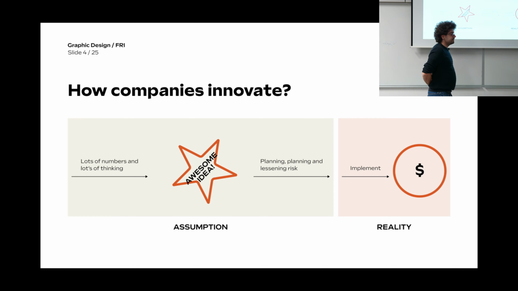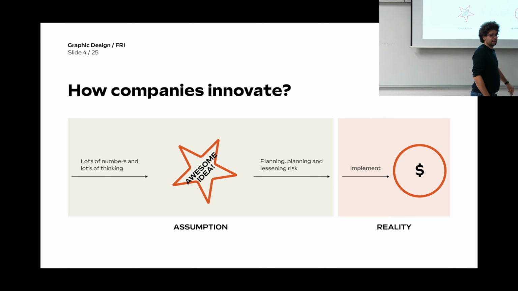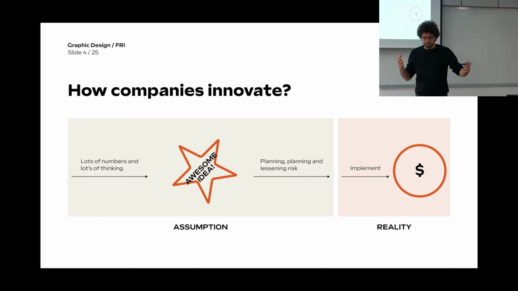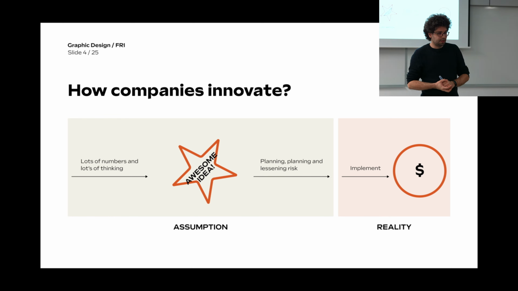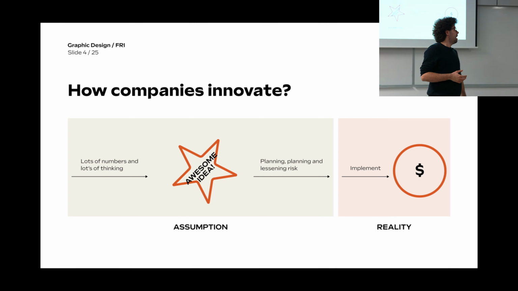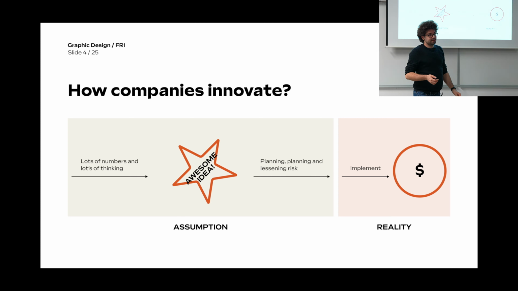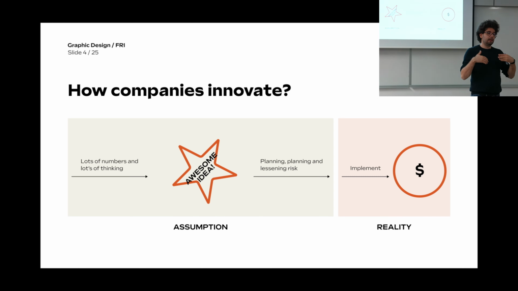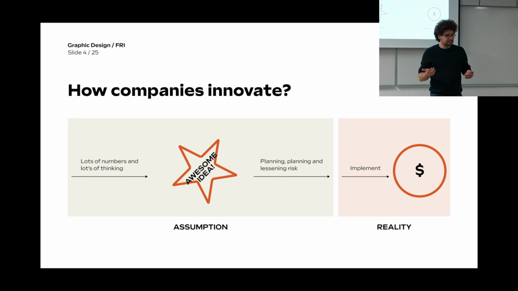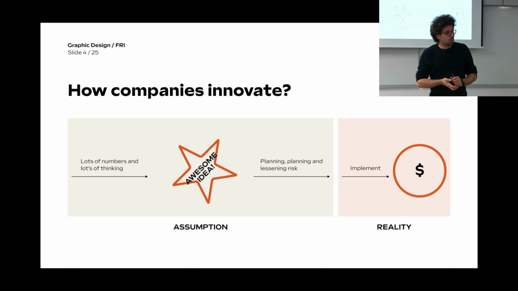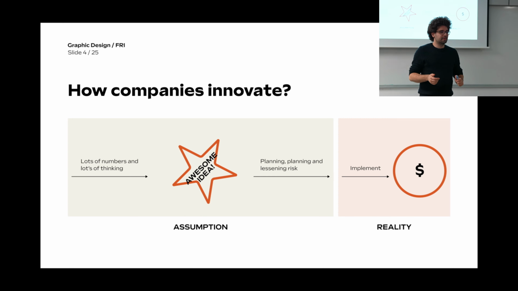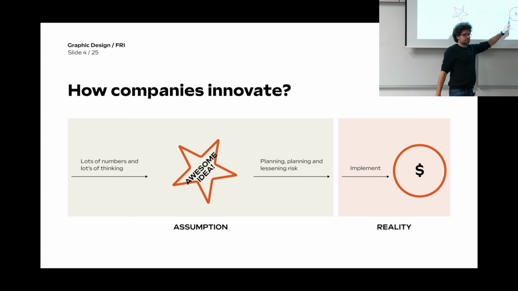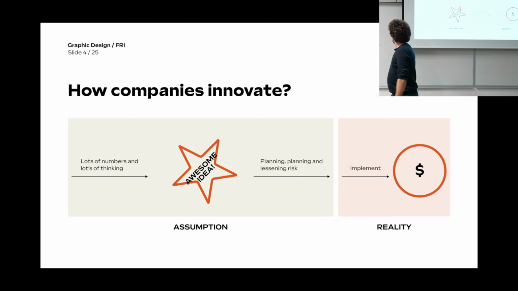Then they have an awesome idea, and they plan and figure out how this new idea can be integrated into their own processes, how to lessen the risk. So they do some risk assessment because they're usually putting a lot of money into it, and this basically means we don't want to spend that money and get no result. And at the end, let's implement and make even more money.